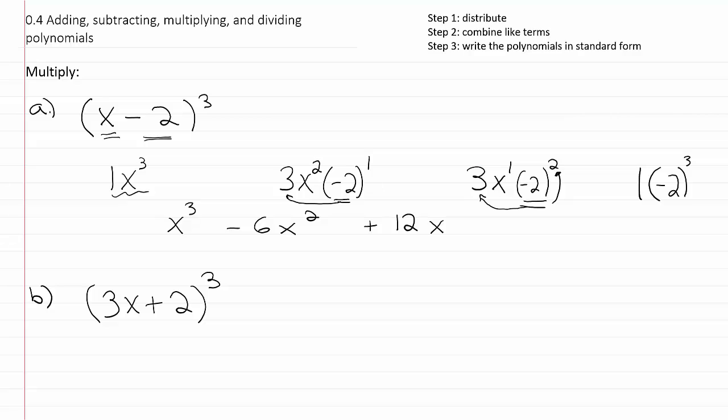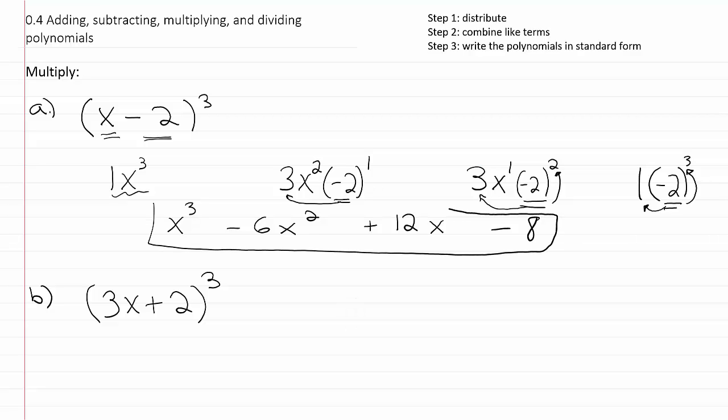And then the last term here, a negative 2 to the third power is going to give you the answer negative 8, and negative 8 times 1 is simply negative 8. So this is our answer. We have a third degree polynomial that has 4 terms. It's x to the third minus 6x squared plus 12x minus 8, and that is your solution.